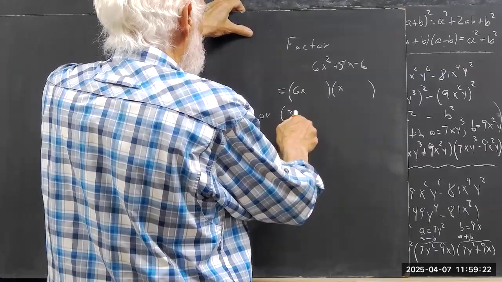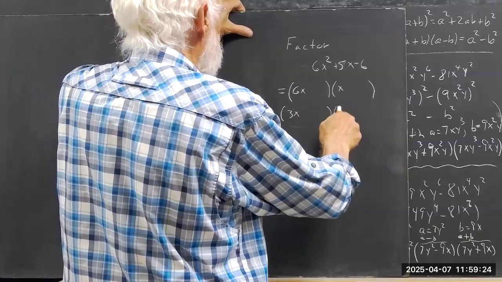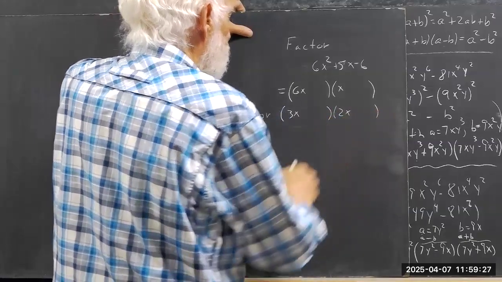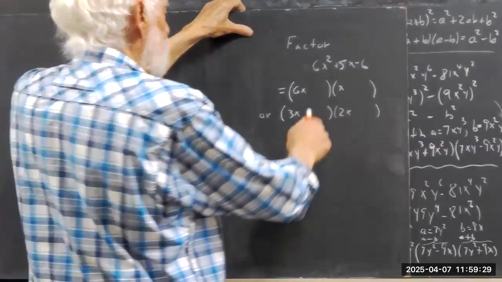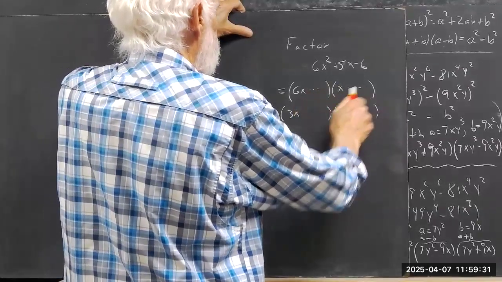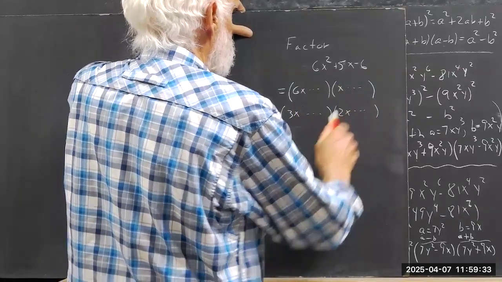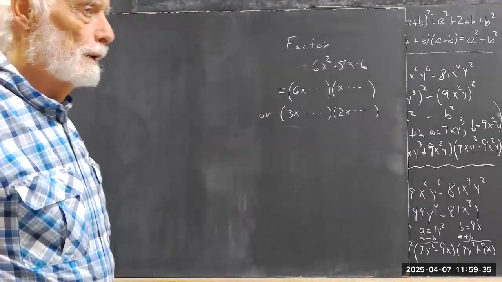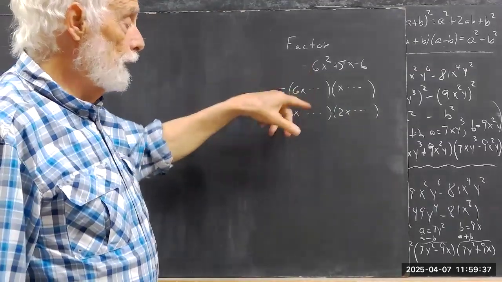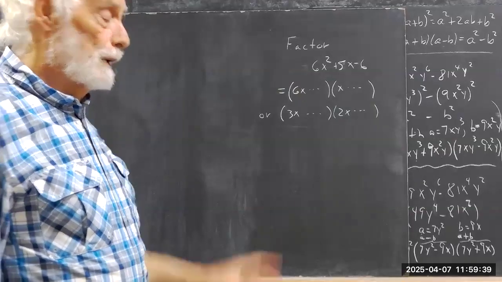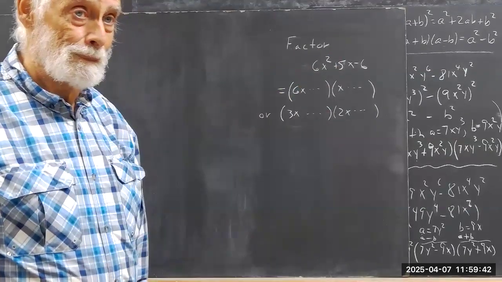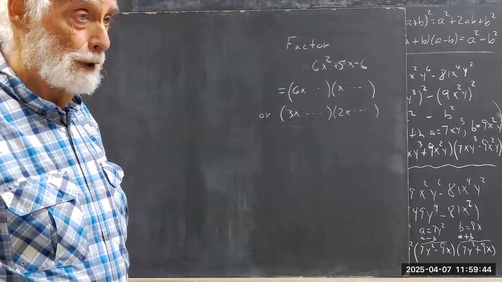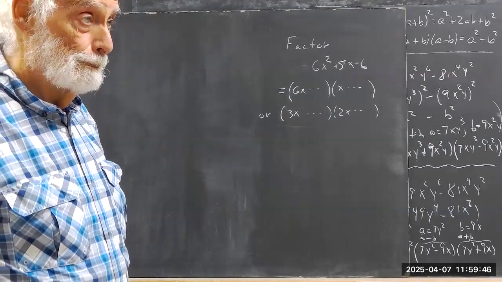Or we could have 3x here, 2x here. Those are the only possibilities if we're going to factor this over the integers. It'll get whole numbers and stuff. And negative. Okay. Make sense?